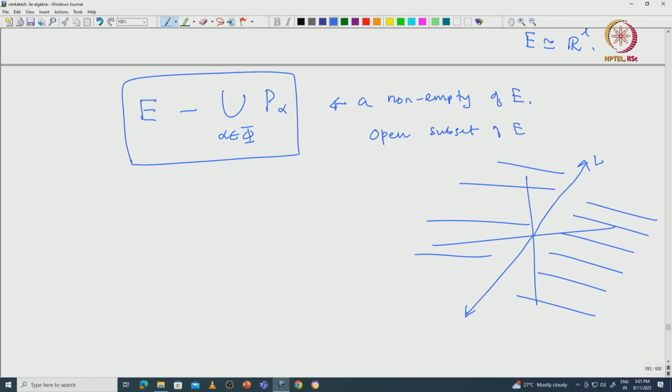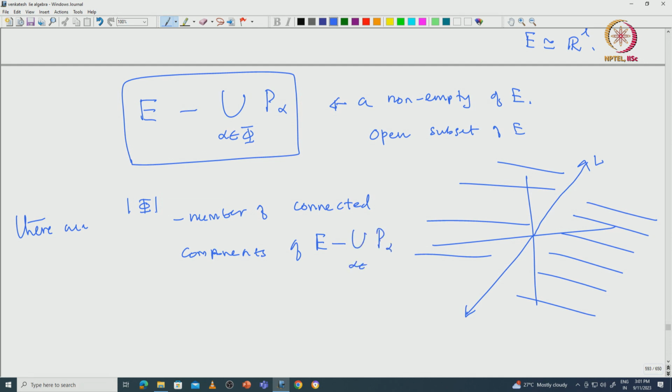there are exactly cardinality of phi number of connected components of E difference union P alpha, alpha in phi.